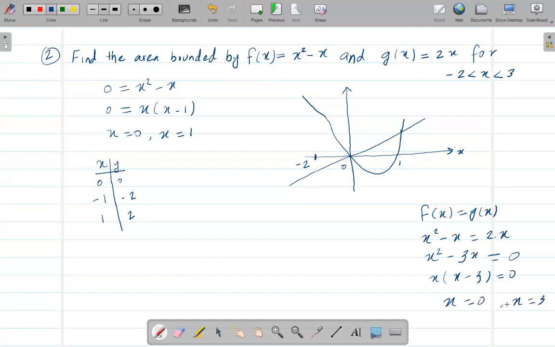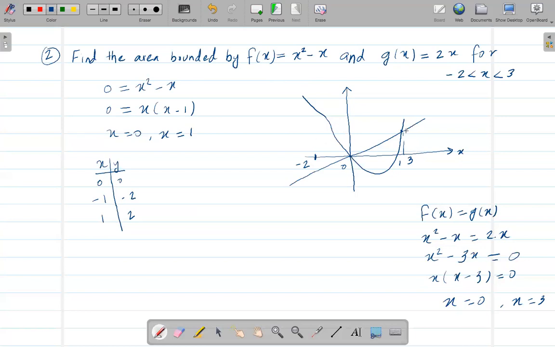So from this, I'm getting these intersecting points. This point we already know, this is the origin, so we can easily find that. But this point is now 3. So at this point, x is 3. All right, so this is 3. Well, this is 1. Obviously, this graph is not to scale, but it doesn't matter. You just have to see the basic shape of the graph.